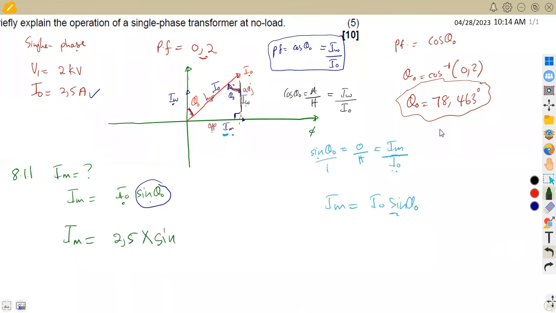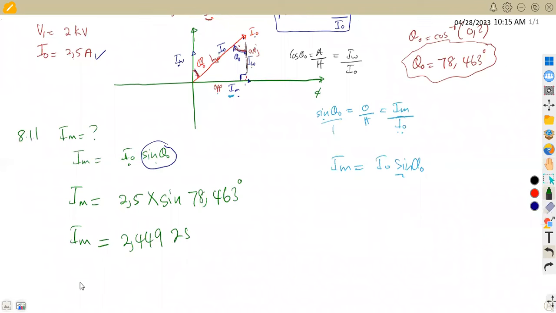So 2,5, if we are to multiply times the sine of 78,463, you're going to obtain something like 2,44925, and so on. So if we are to round off to 3 decimal places, this is going to be 2,449.